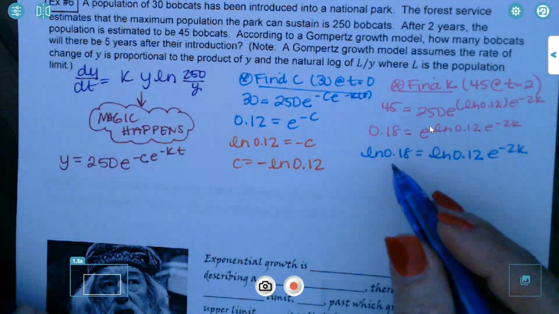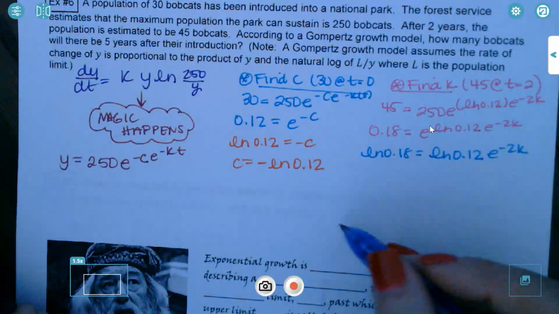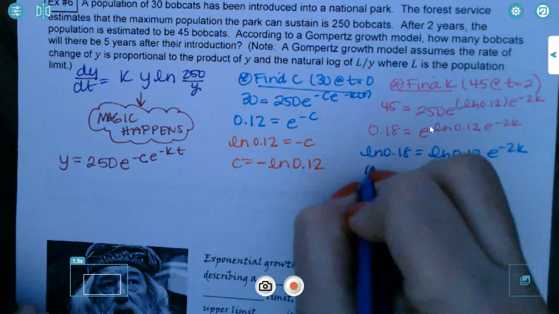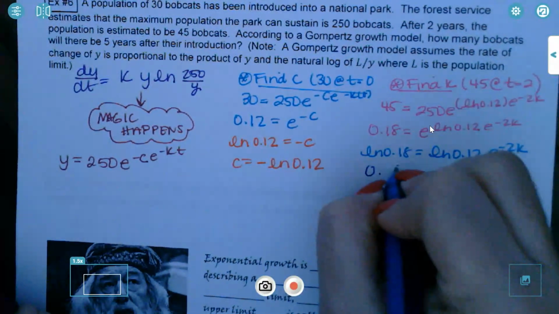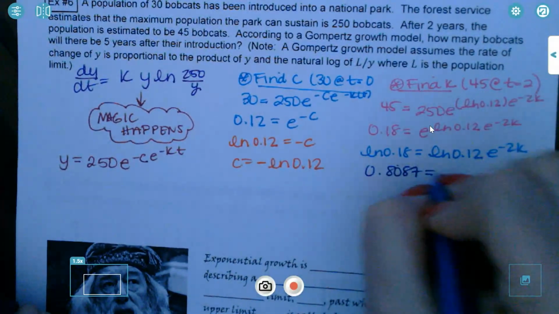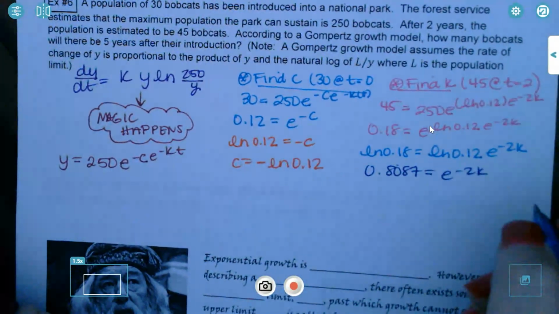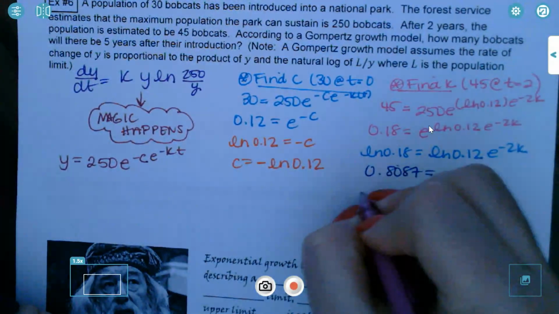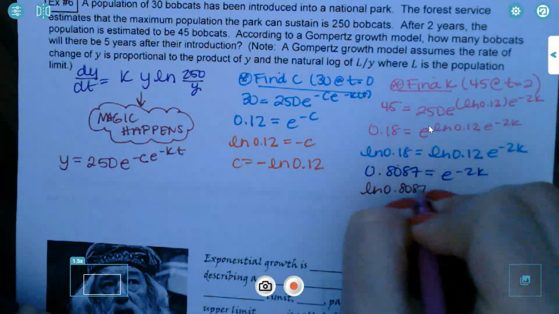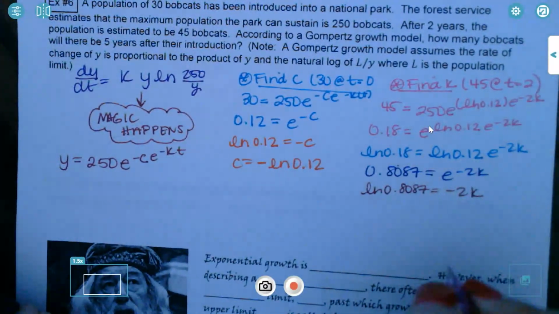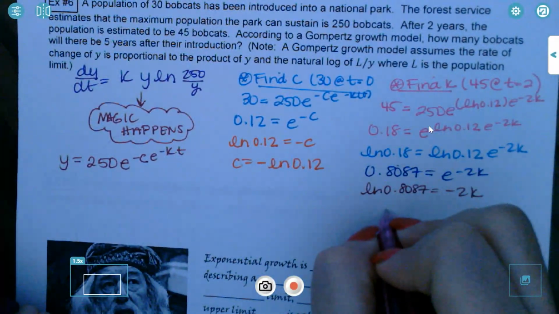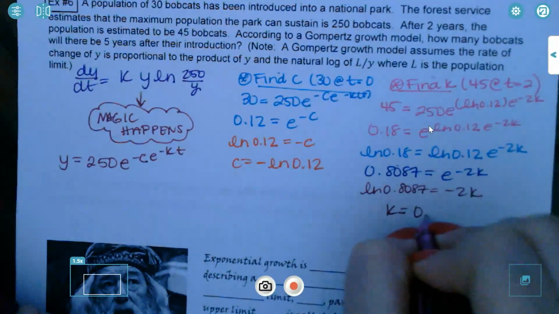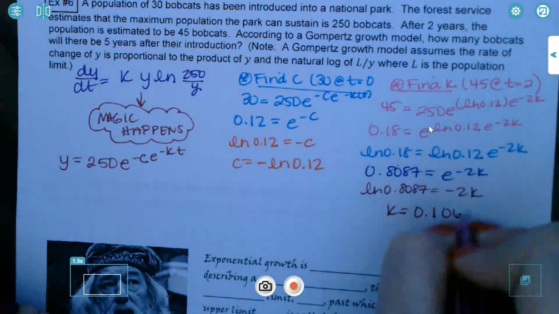So I'm going to divide ln of 0.18 by the ln of 0.12. It's going to give me 0.8087, e to the negative 2k. Again, we're going to have to apply the natural log of both sides to get rid of the e. So I end up with k equaling 0.1061.